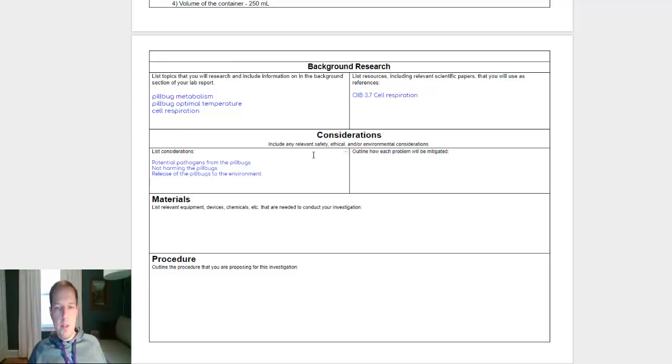So I've thought about safety, ethical, and environmental considerations. Now for each of these, I can say how is it that I'm going to mitigate or overcome those potential problems. In terms of pathogens, I'm going to ensure that at the end of the experiment that I wash my hands with soap for my own safety.